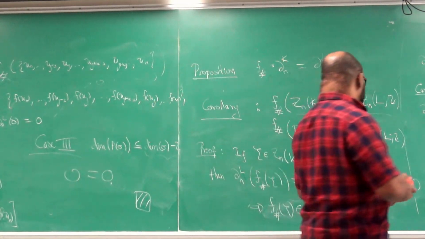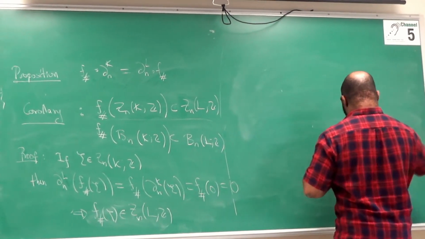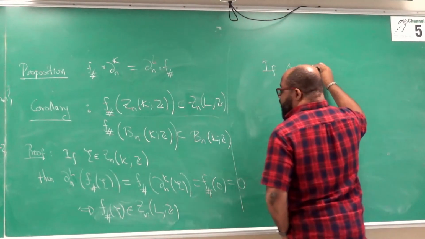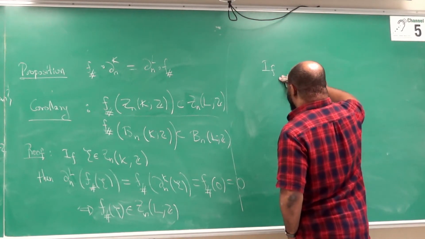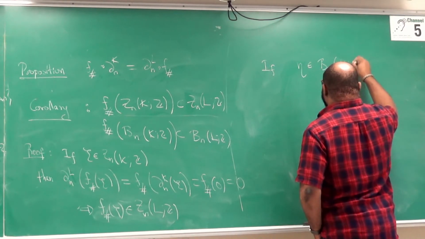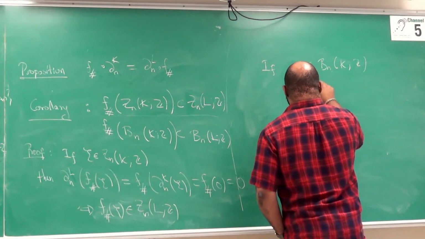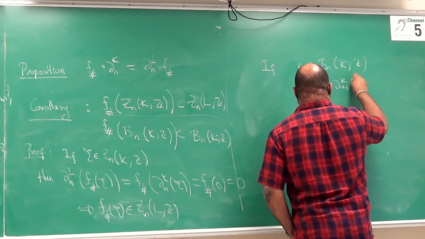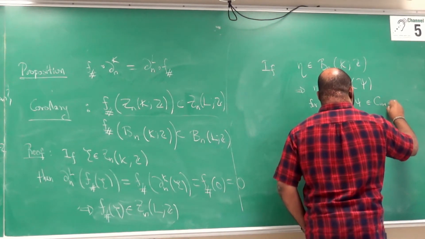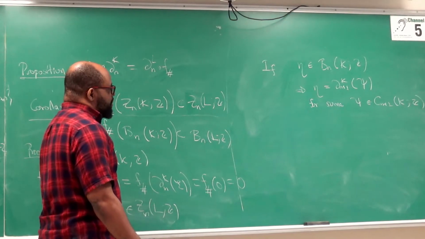And now for the second part, if eta is in B_n(K), meaning this is a boundary in K, then that means it is of the form delta n plus 1 in K of psi for some psi in the n plus 1 chains of K. Right? Because that's what the boundaries are.